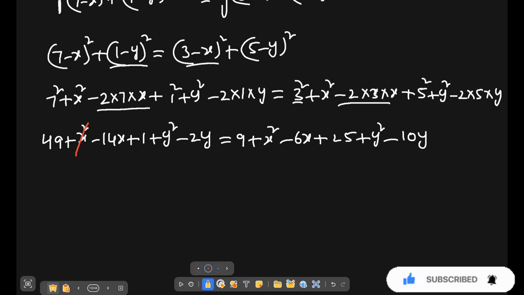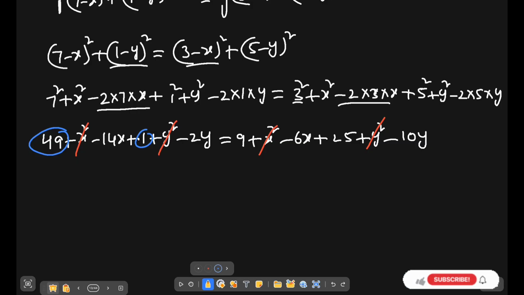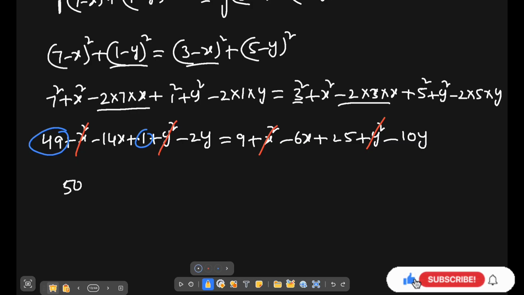So left side x square and right side x square cancel. Left side y square and right side y square cancel. What are the remaining things on the left side? 49 plus 1 is 50, minus 14x minus 2y.